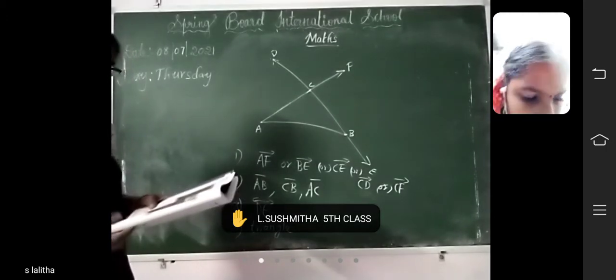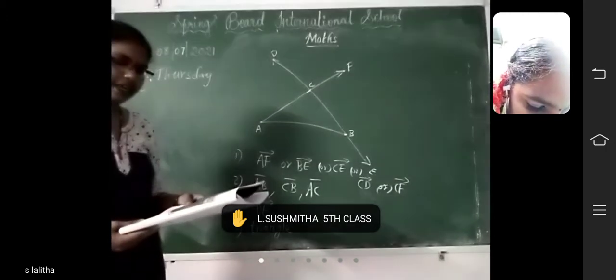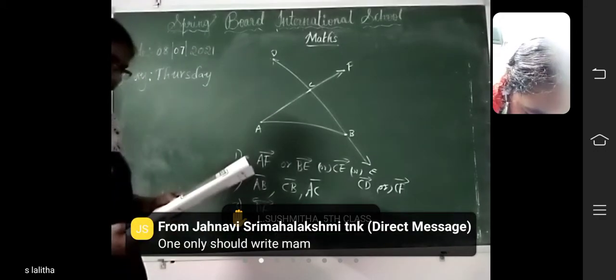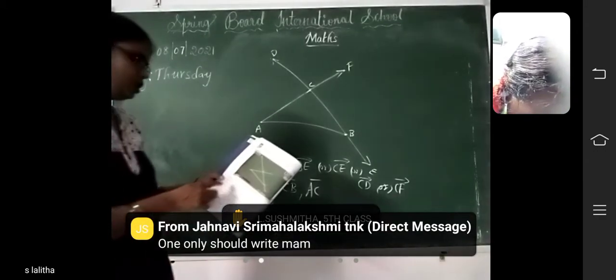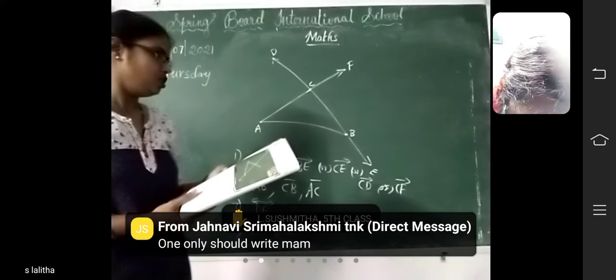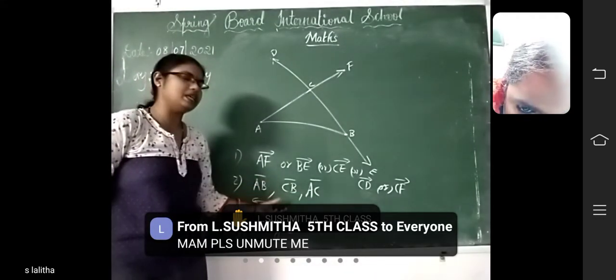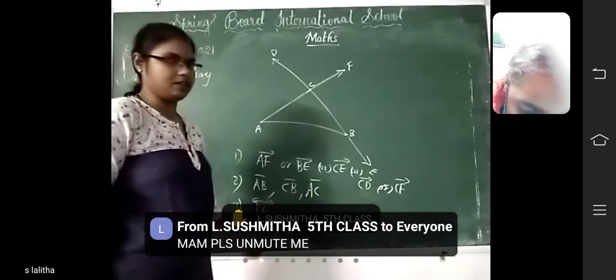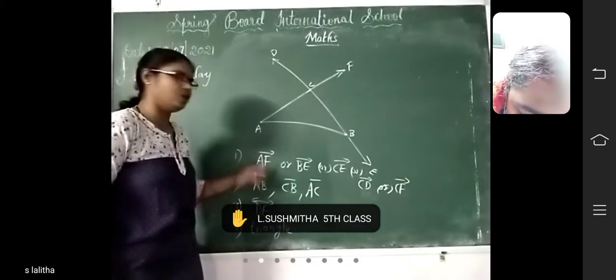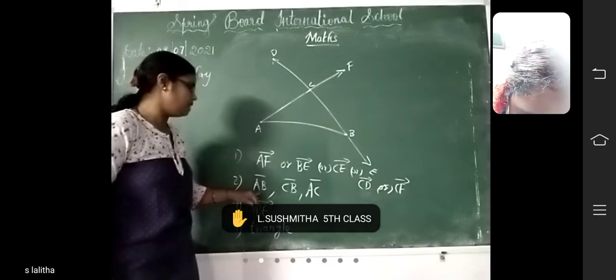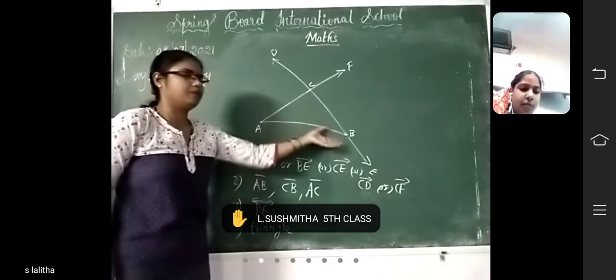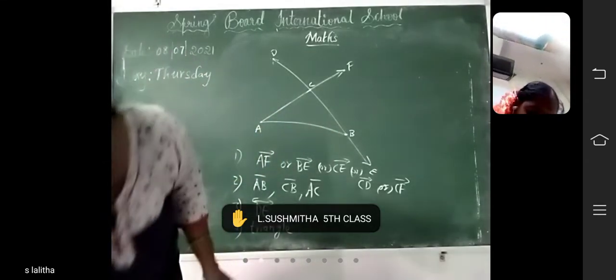Next, write the measure of the line segment identified in question 2. What was question 2? Name one line segment. Here we wrote 3 line segments. You can measure any line segment. Suppose I take AB. You wrote AB as the second answer, so you should measure AB. How to check the length?